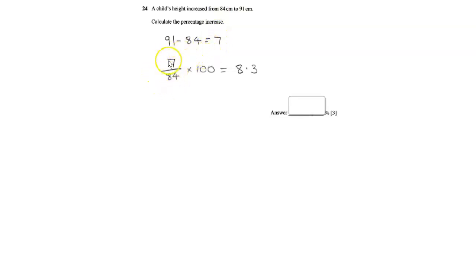Then the initial value that we have is 84. It started at 84, so we put that at the bottom of this fraction. And then we times it by 100. So we change this fraction to a percentage by multiplying by 100, which becomes 8.3%.